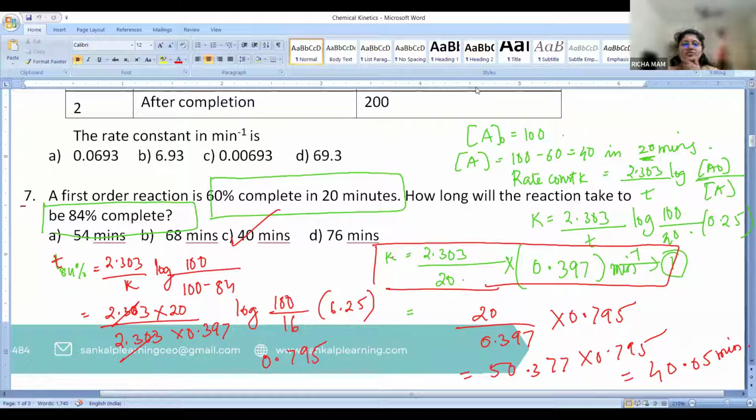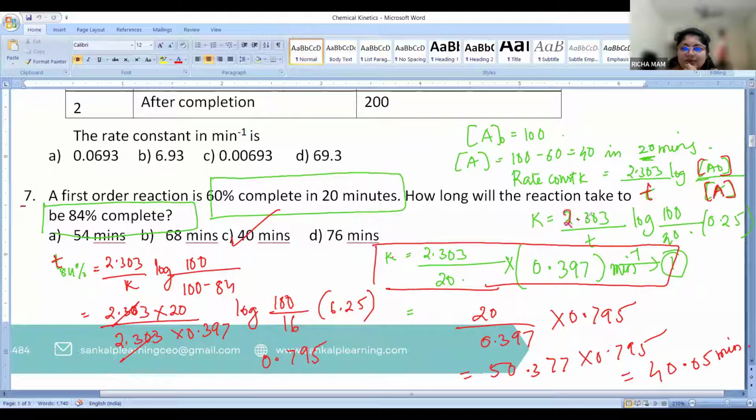So what have we done? We have written the given things: initial concentration, final concentration, time taken. We have written the rate constant K equals 2.303 by T log of A naught by A, concentration of A naught by concentration of A. Then put the values.